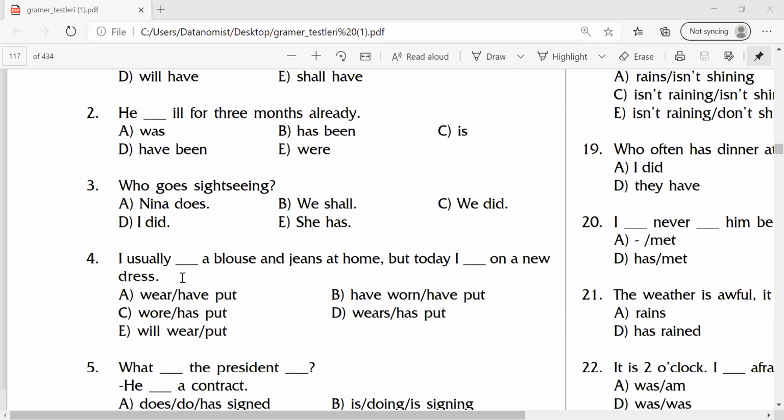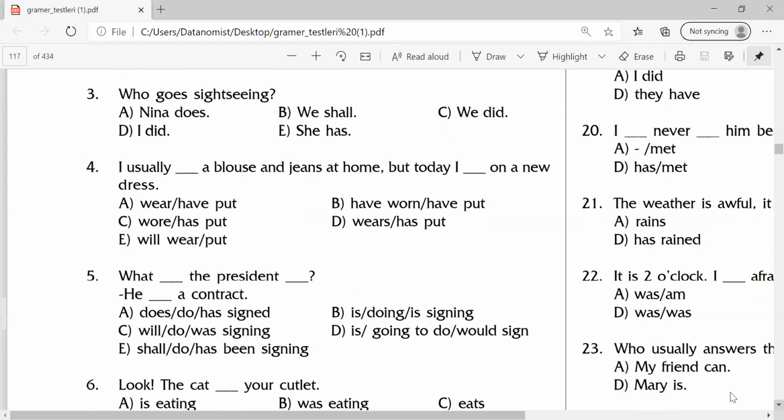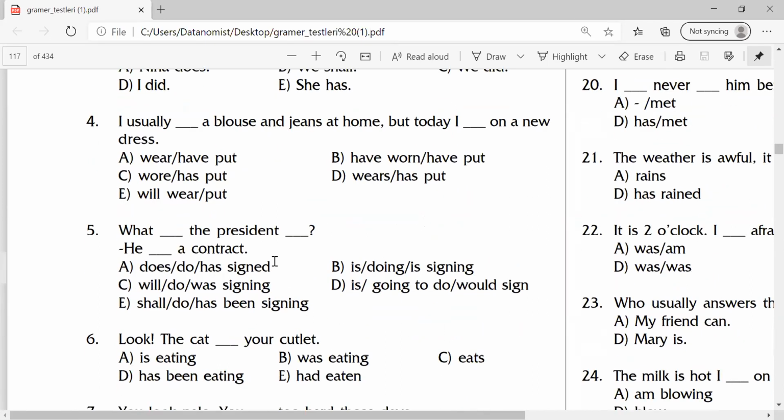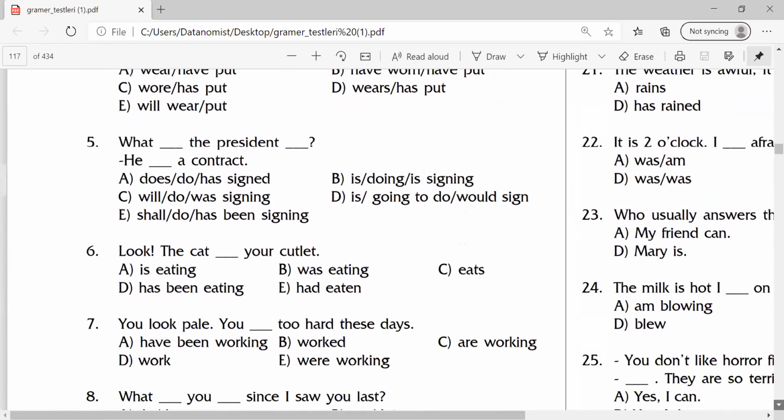That is what I need to have, wear. But today I have put, or I don't mind, or I am wearing. Also, it's okay because that fellow has not given that one. I can go for it. So A is your answer. Yeah, if you have doubt, you can put a question there. I'll come back to this do, does, because I haven't talked about that. After this, I'll talk about that.